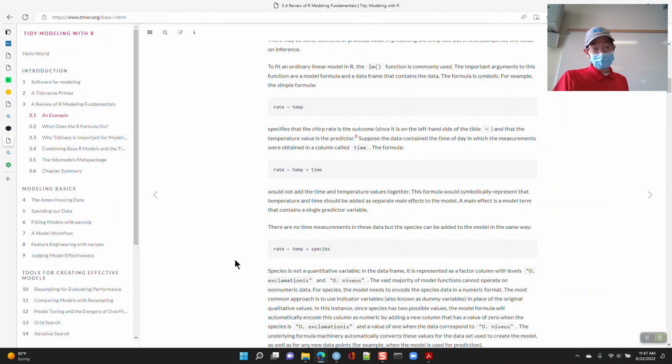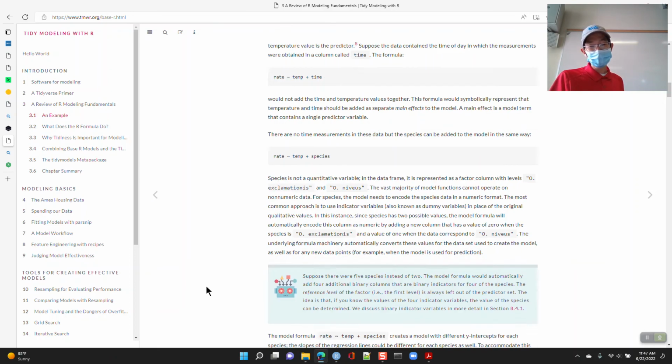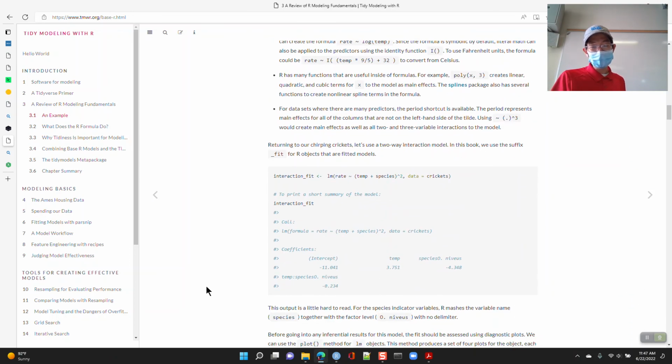Then, as far as creating models in R, you have the formula object, the tilde: predict rate based on time and temperature, or temperature and time. Take the time to read through this, but again, as you read, try to understand each line of code.